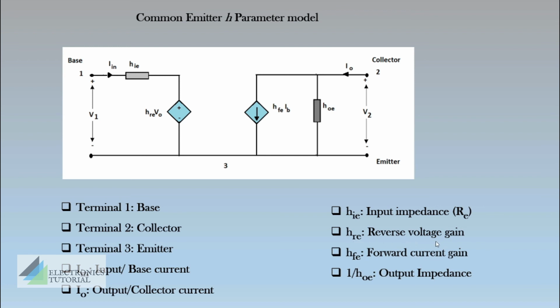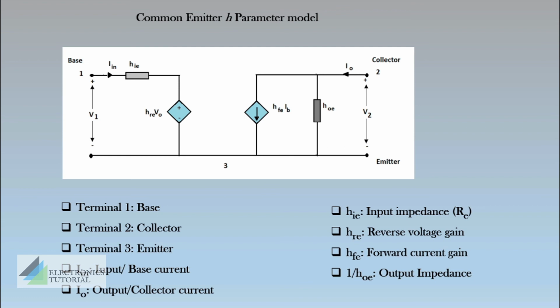HRE is termed as reverse voltage gain, and HFE the forward current gain, and output H parameter is an admittance term, but here in a transistor we are not using the admittance term. As it is used as an impedance term, we are representing it as a reciprocal of the H parameter. So by simply terming it in another format, we have represented a common emitter circuit.